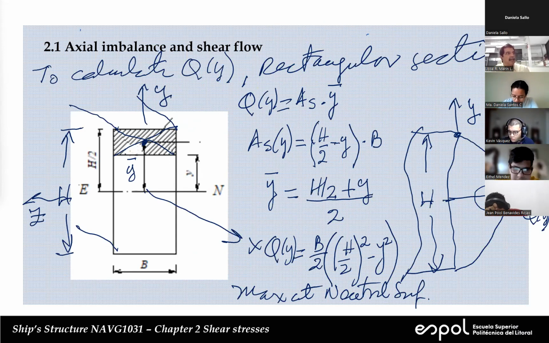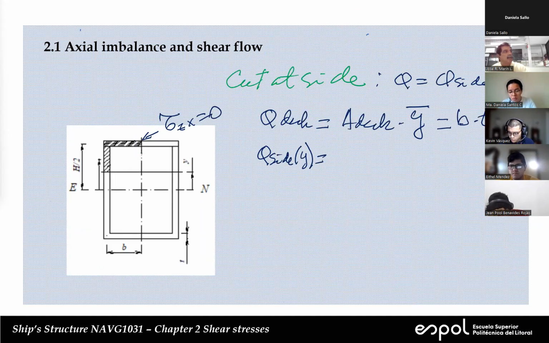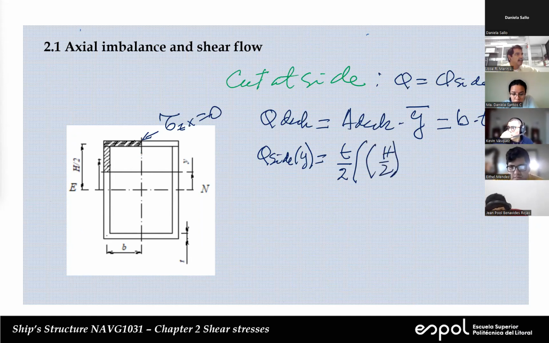You have the cut here, and you go up to the top of the rectangle, which is h/2. And the result was this. So we're going to take this expression and replace it in our problem here. So it's going to be this here. This very small width is the thickness over 2. And then we have h/2 squared minus y squared.